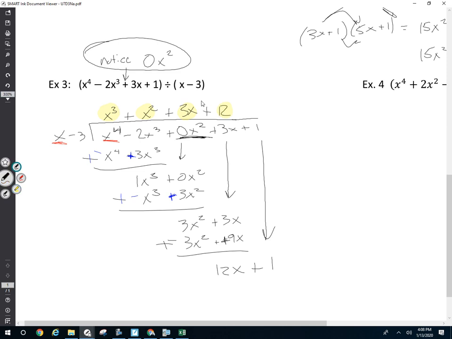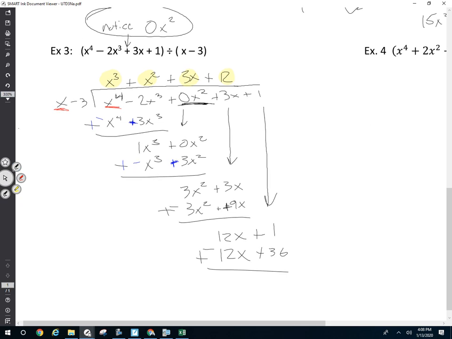Because 12 times x minus 3 gives me 12x. But the 12 times the negative 3 is negative 36. Gross. But don't worry. If you're doing everything correct, we can check to see if our answer is correct. I get a remainder of 37. My answer is this plus 37 over x minus 3.